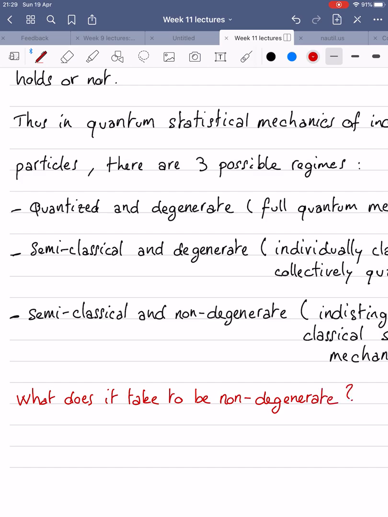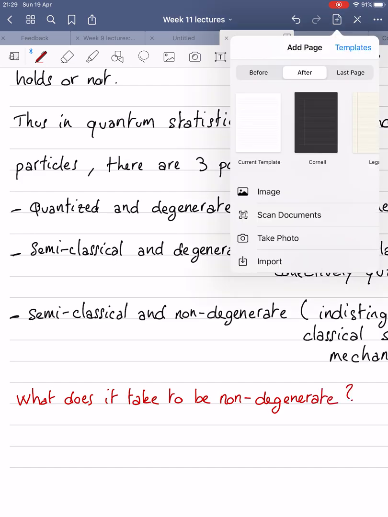Okay, so one way that we can understand this is literally by trying to define what that means at all. So for fermions and bosons, we have the following.